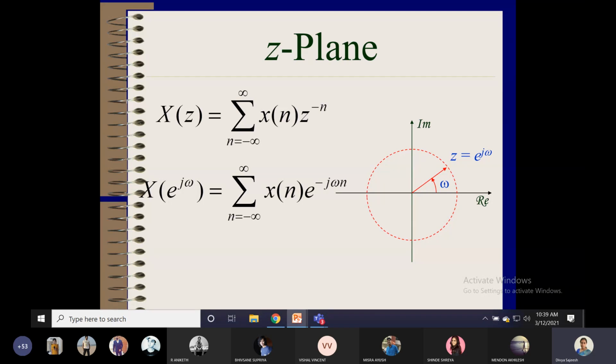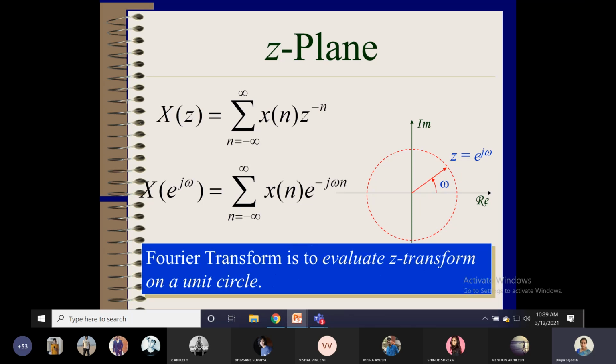Only at the unit circle does the z transform give the Fourier transform. So the Fourier transform is to evaluate the z transform on a unit circle.